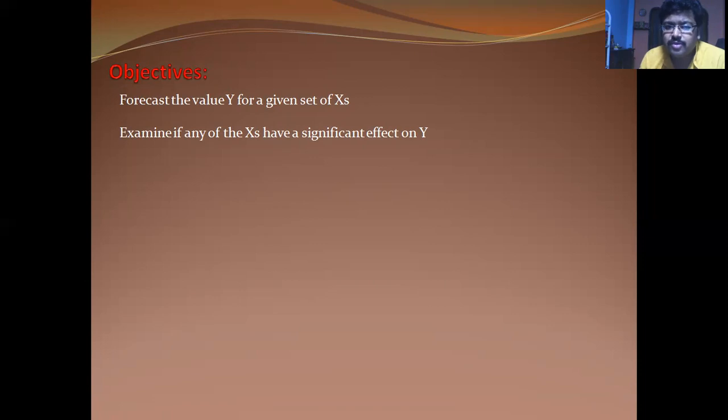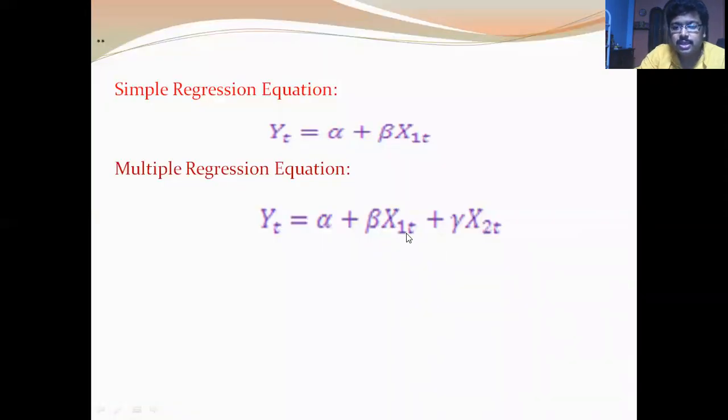Examine if any of the x's have a significant effect on y. Okay. This is another objective of the regression analysis, whether the values of x's have a significant effect on the dependent variable y. Look, this is an independent variable which is called the income of a family, and this is another independent variable, the assets of a family.